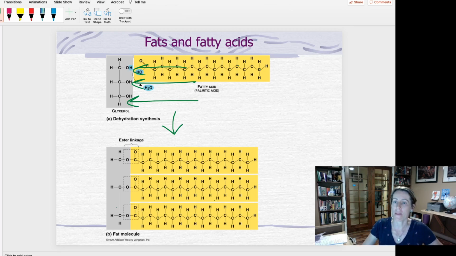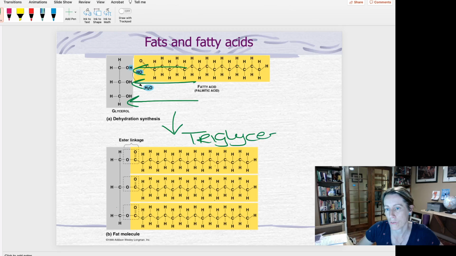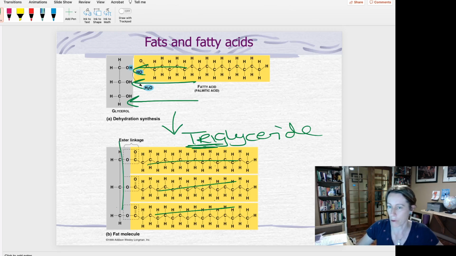Another way to think about this is that glycerol is the backbone, and it has 3 docking stations, 3 OH groups. I can dock one fatty acid here, click, and when I dock it on, water gets pulled out. I can dock another one on here, and I can dock the third one on here. And when you've done that, you create this molecule down here, which is the triglyceride. So the tri makes sense now. Tri means 3, and you can see there's 3 tails on this backbone.